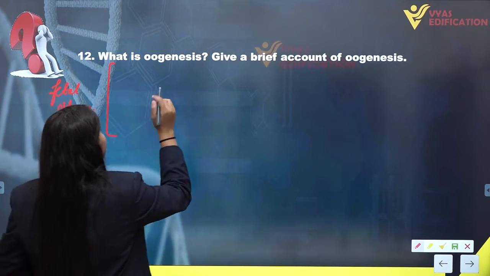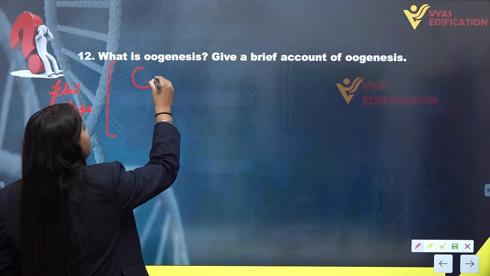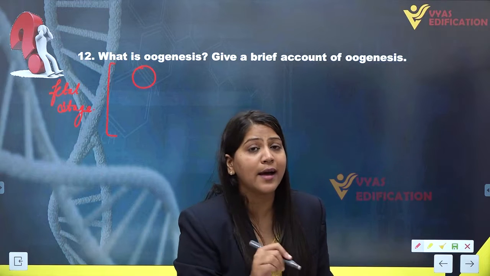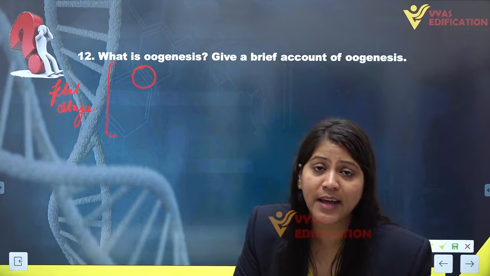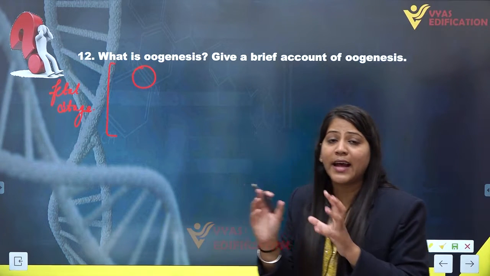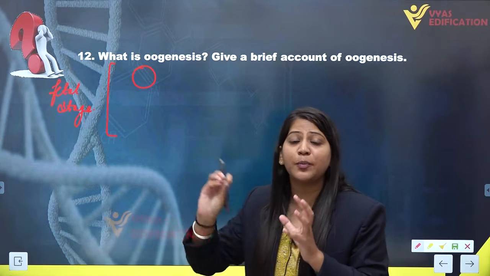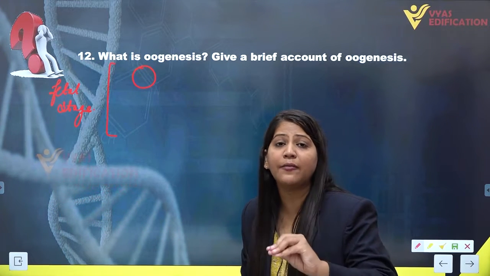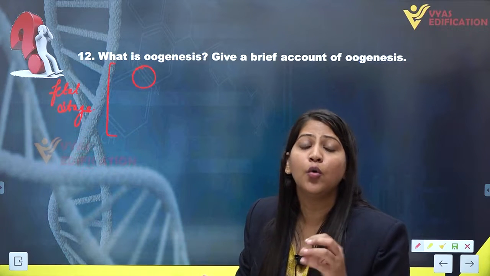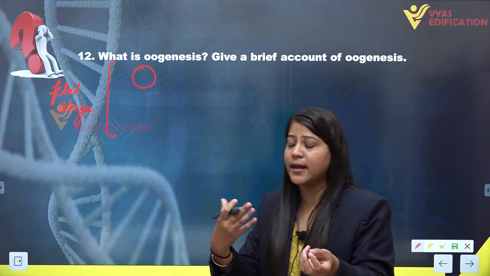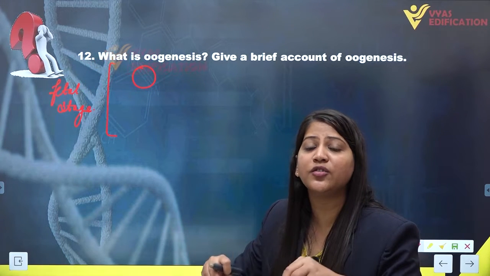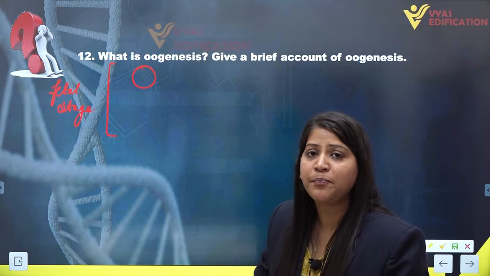Now in the fetal stage we have many female germ cells known as oogonia. When the female child is present inside the womb of her mother, she has around 6 lakh oogonia, or we can say 6 lakh primary follicles, inside which the oogonia are present.